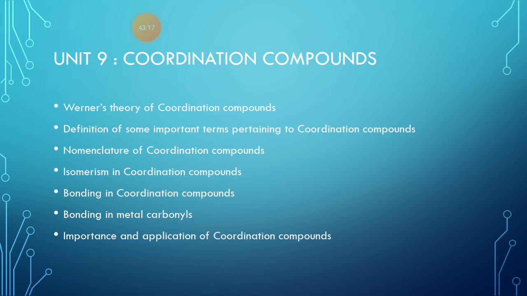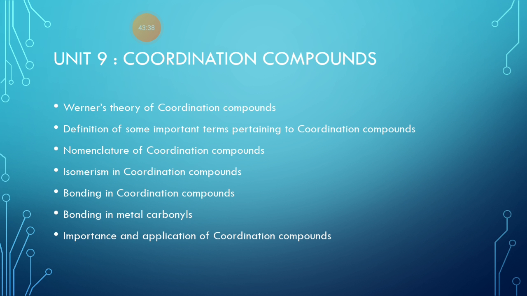Then the next point from this topic is metal carbonyls or carbonyl complexes. We are going to learn how the carbonyl ligand binds with a metal, how metal carbonyls are formed, and what kind of bonding is there.